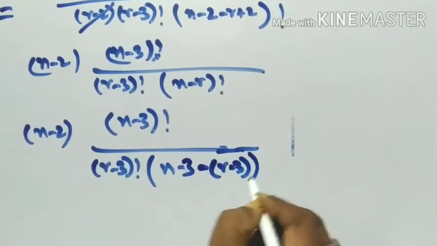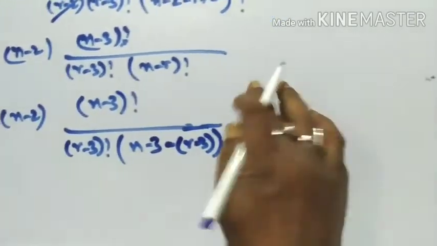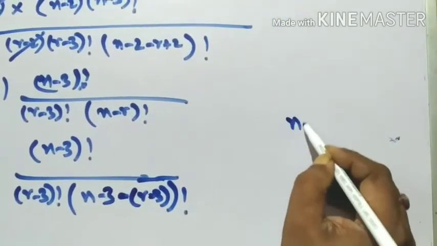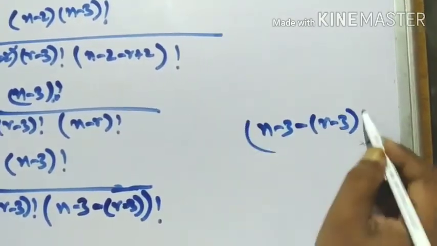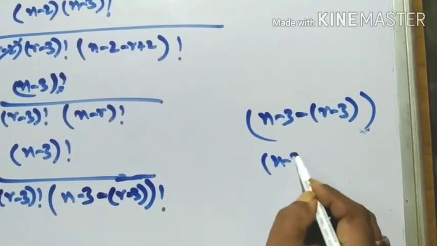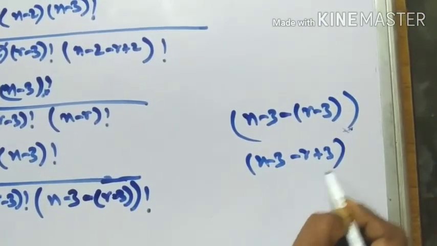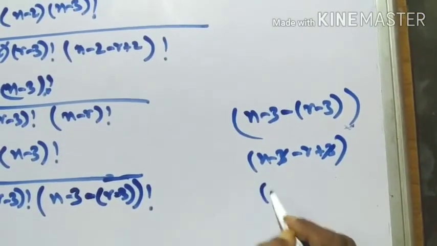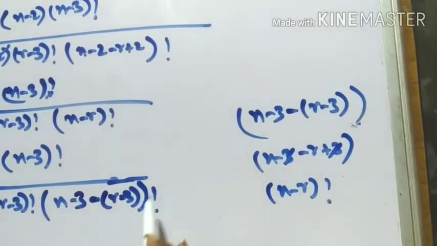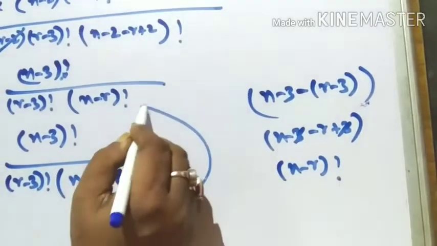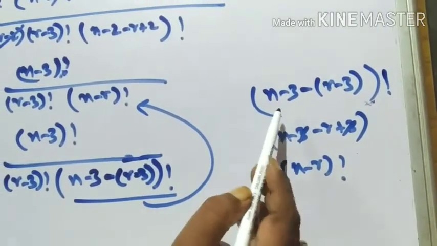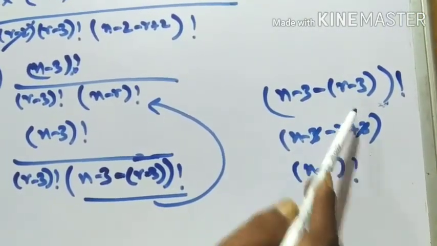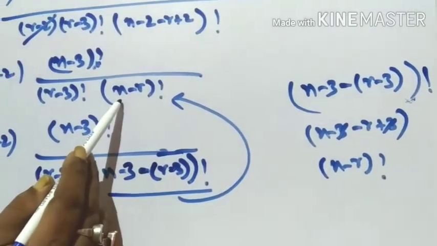Here I am doing the expansion: n minus 3 minus bracket r minus 3 will be n minus 3 minus r plus 3. Plus 3 and minus 3 cancel out, and this remains as n minus r factorial. So there is no effect if we add minus 3 and plus 3 here; it remains the same.